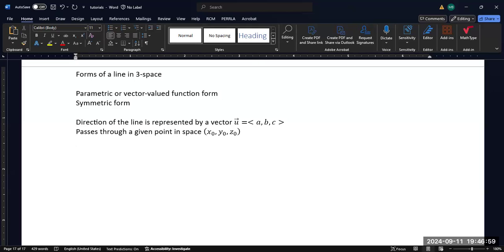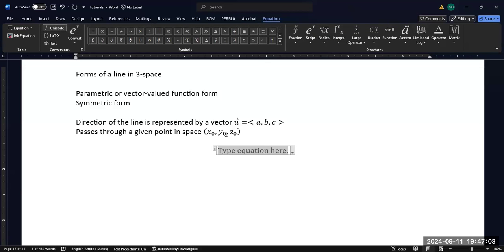Now, let's start with the parametric or vector valued form. So in the parametric form, we would have 3 equations that collectively work together. In the vector valued function form, we collect those into a single vector valued function. So we would have x is equal to at plus x naught. Y is equal to bt plus y naught.